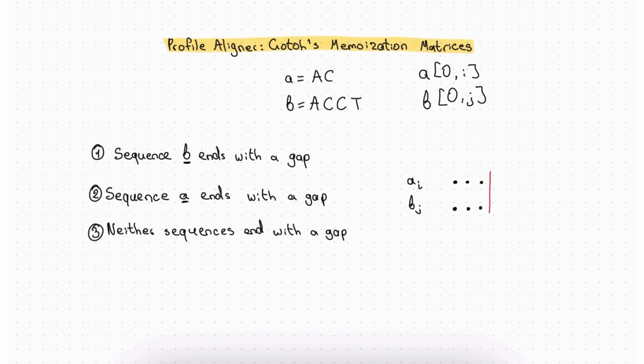But first, assume that we already aligned some portion of the sequence before this red line. And we are looking at the ith and jth nucleotides in A and B sequences.